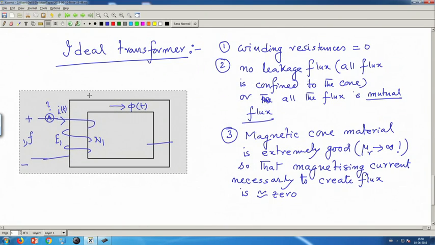This is the thing. Okay. So, this was the thing. Now, you see in this, it is not a transformer, a single coil, so far I was discussing. Now, what I will do is this, I will draw another coil. Okay. Suppose here is another coil.